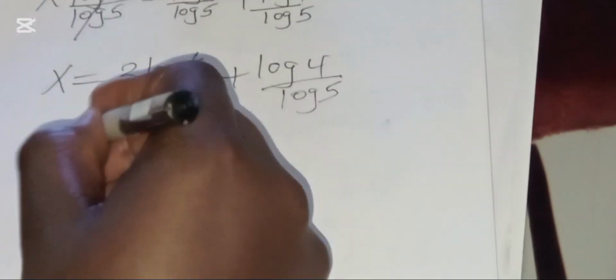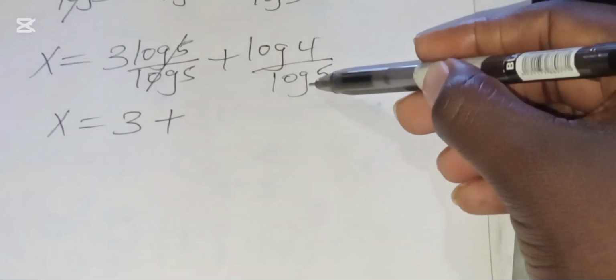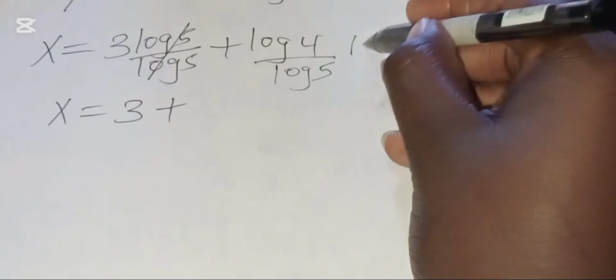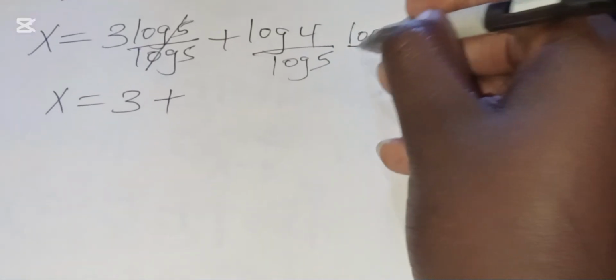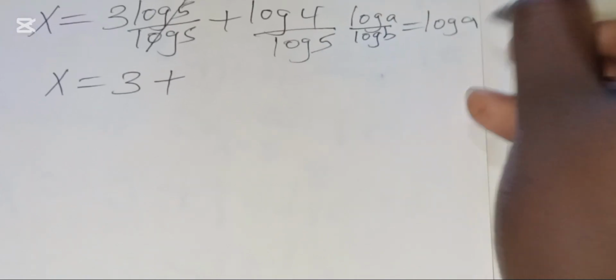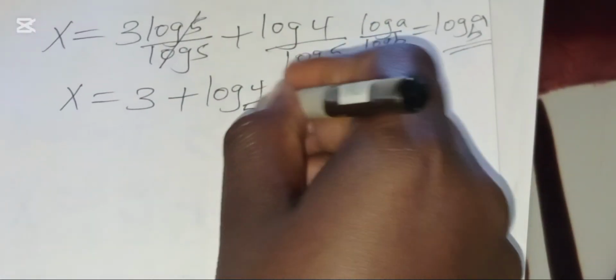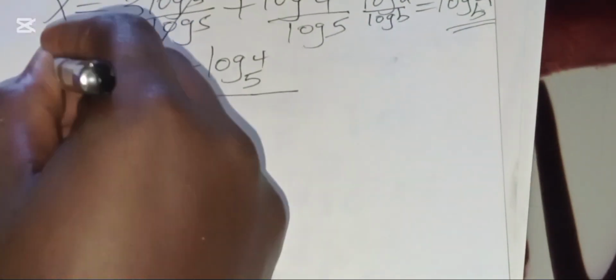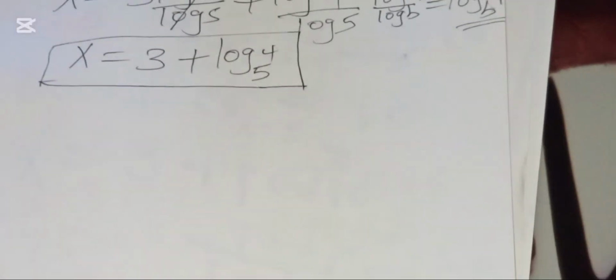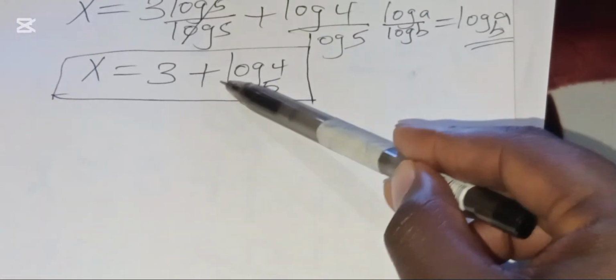So if we simplify here, we're going to have x is equal to 3 plus log 4 divided by log 5. This is in the form of log a divided by log b, which you can express as log a to base b. So let's apply this property. So you're going to have log 4 to base 5.